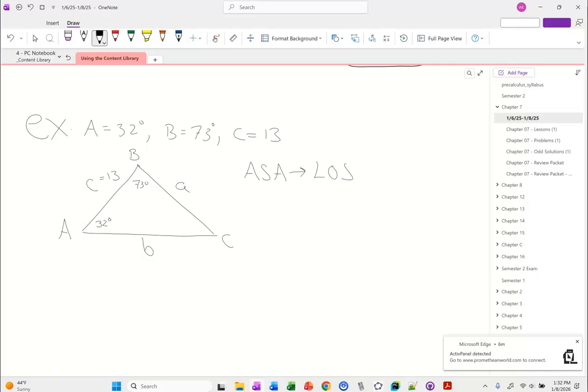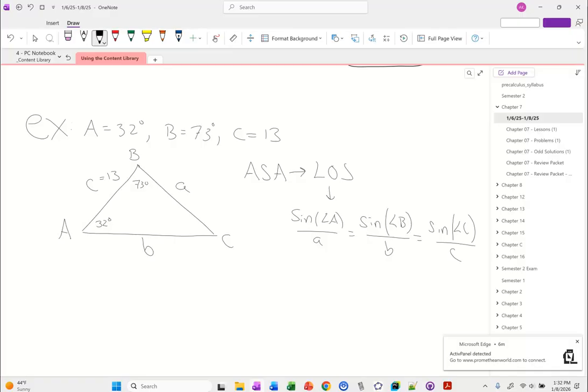And again, if you don't remember, the law of sines is sine of angle A over side A equals sine of angle B over side B is equal to sine of angle C over side C. Feel all right?